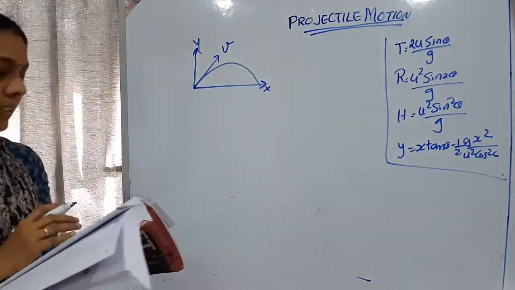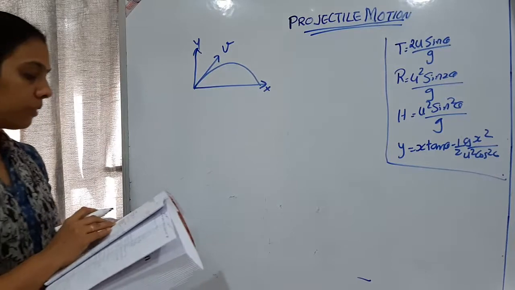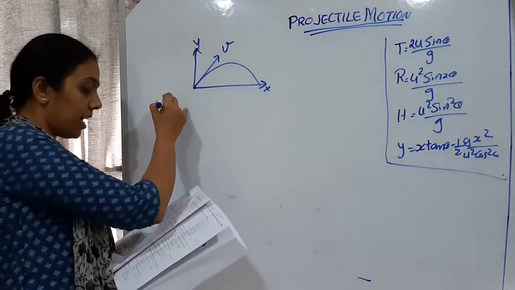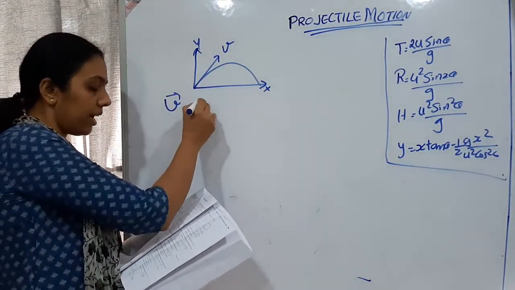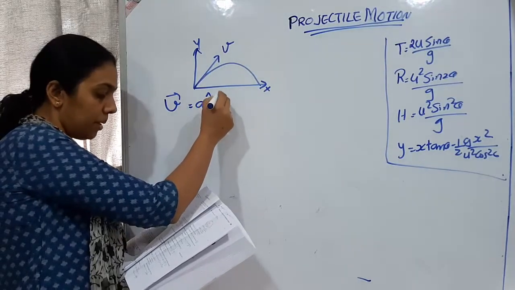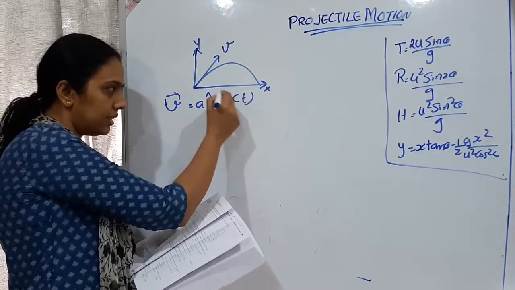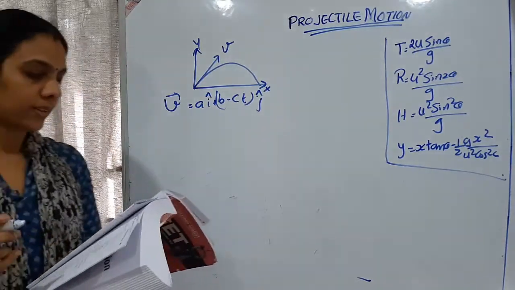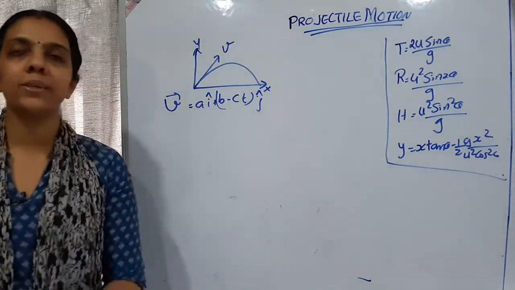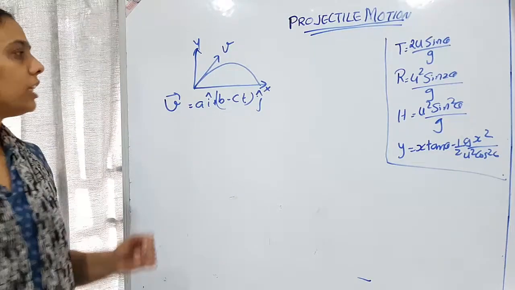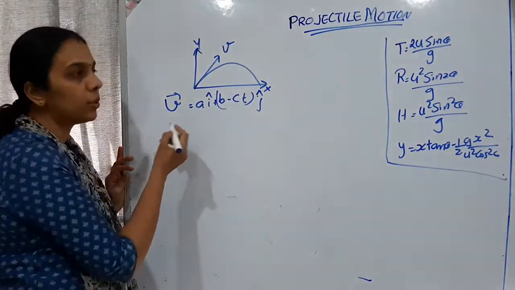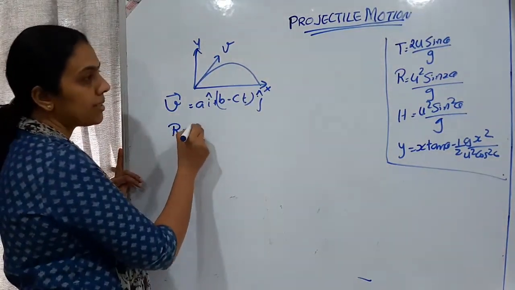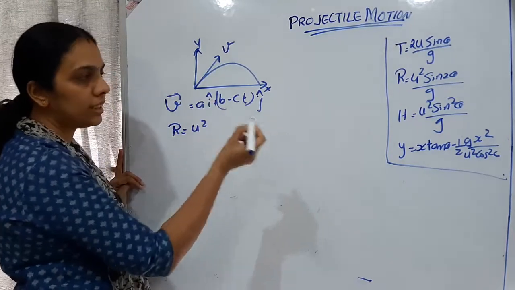If the instantaneous velocity of the particle as shown in the figure is given as v equals ai plus (b minus ct)j, where a, b, c are positive constants, the range on the horizontal plane is. So we only need to find the range. What is the formula? R equals u square sin 2 theta by g.